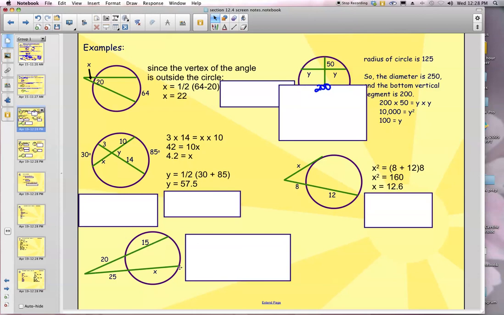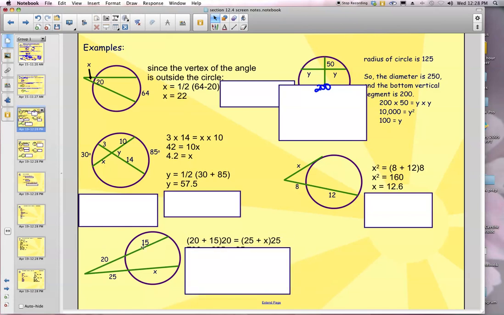This last one involves two secants, and they're intersecting outside the circle. Since they're intersecting outside the circle, it's just the total times the outside equals the total times the outside. So the total for the first one would be 20 plus 15, which is 35, times 20, which is the outside. And then the other way would be 25 plus x would be the total, times 25 would be the outside.